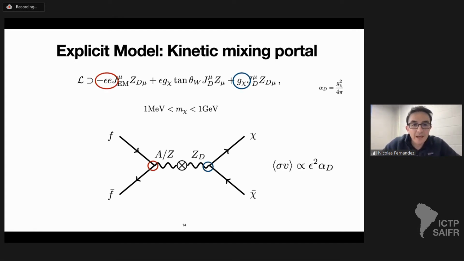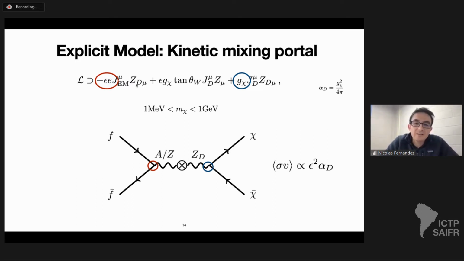So the couplings here are epsilon, which is what people sometimes call the millicharge, and that's the way that the dark photon talks to the fermions in the standard model. So the fermions acquire a millicharge under the dark photon, and you also have alpha dark for the dark photon and the dark matter.